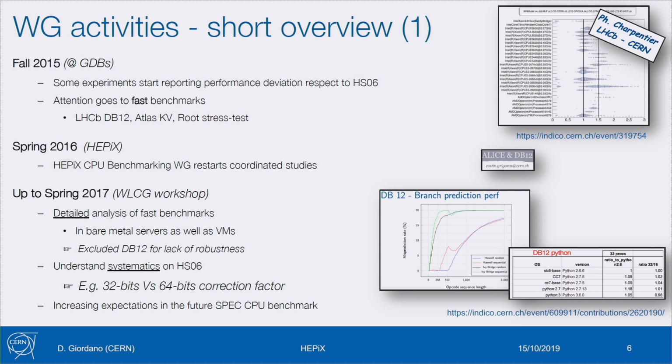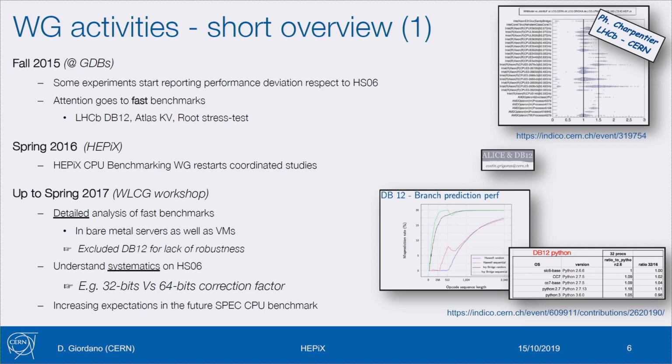So we dedicated a long time, I would say almost 1 year, to study in detail those fast benchmarks, and also to rule them out, to demonstrate that fast benchmarks are not reliable enough to use in procurement procedures, for accounting and the rest.